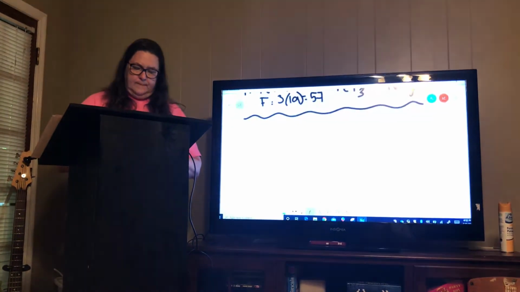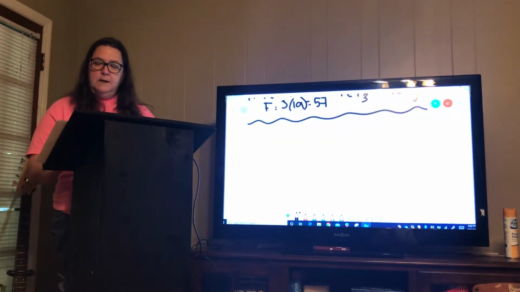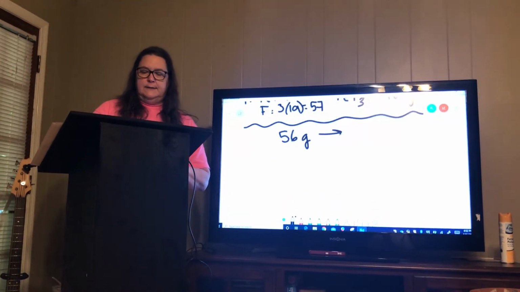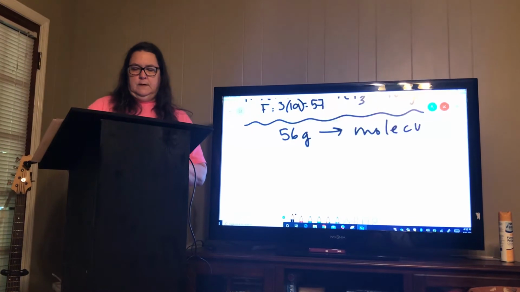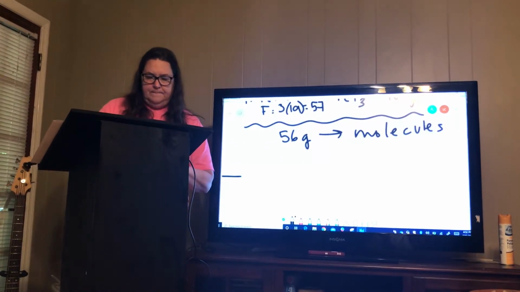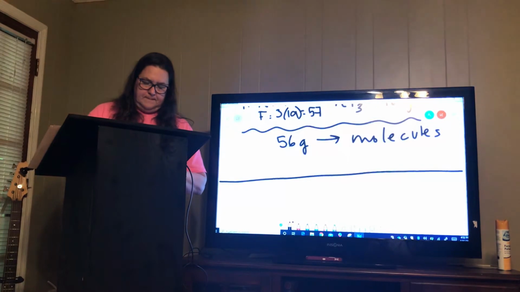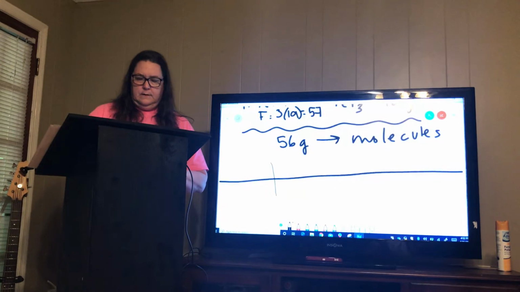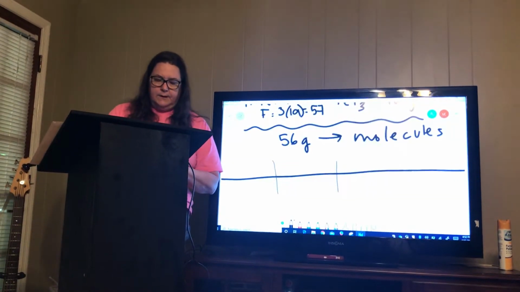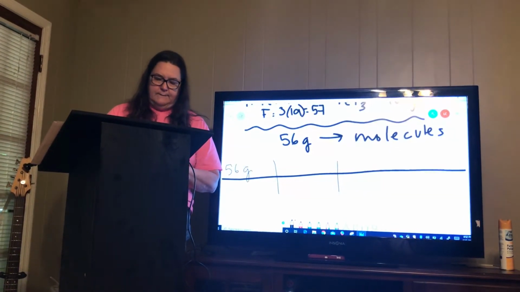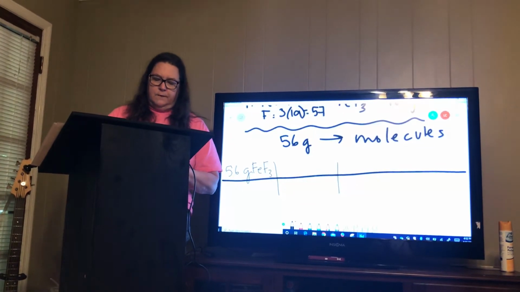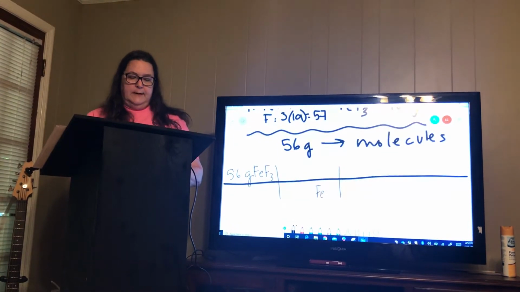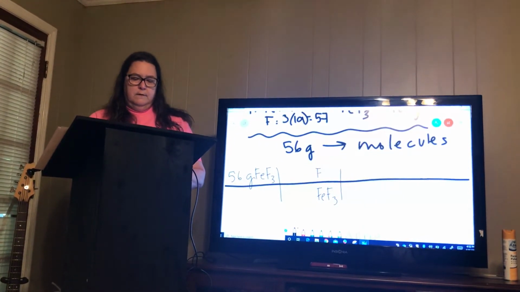Here it says how many molecules of 56 grams. So they want 56 grams, and then they want molecules. I start off with 56 grams of iron 3 fluoride, and all of these are going to be iron 3 fluoride.